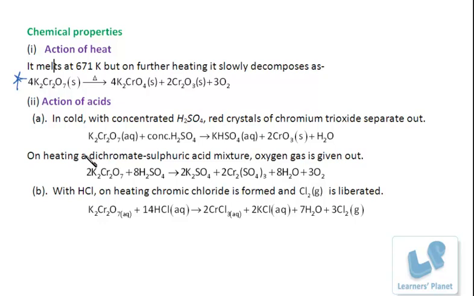Whereas if a mixture of dichromate and sulfuric acid is heated, potassium sulfate and chromium sulfate are obtained, and the most important thing, oxygen gas is given out, because of which it acts as an oxidizing agent.